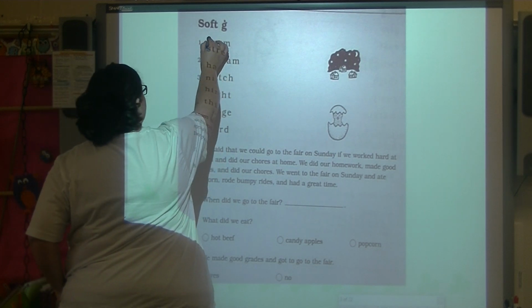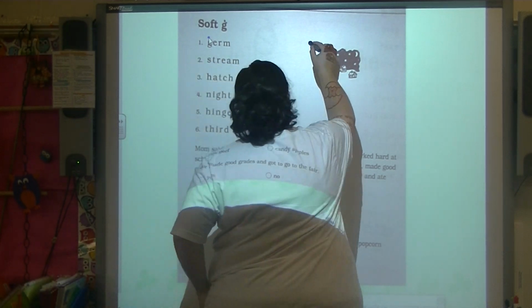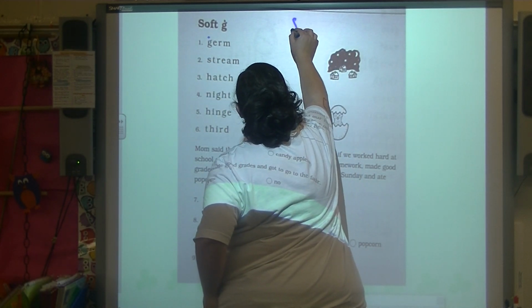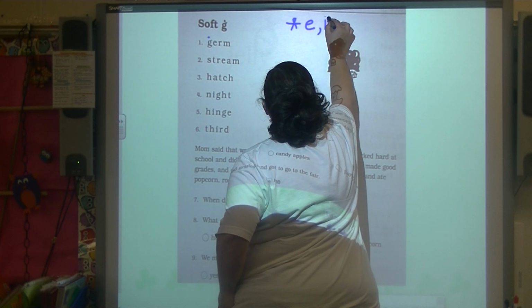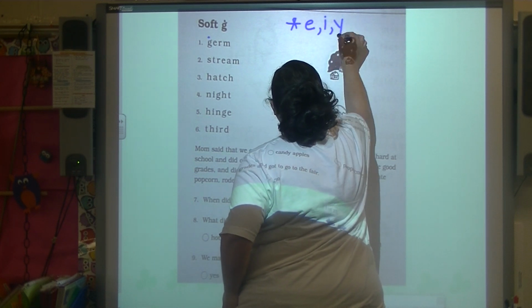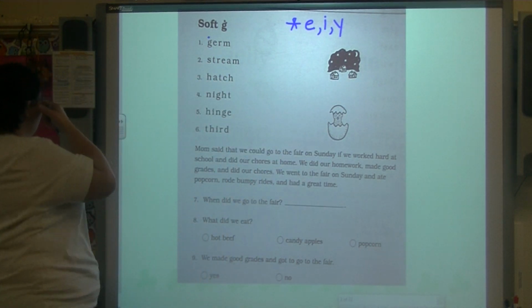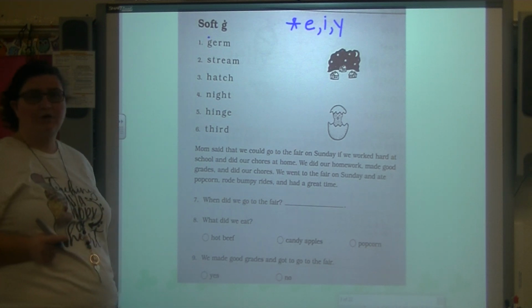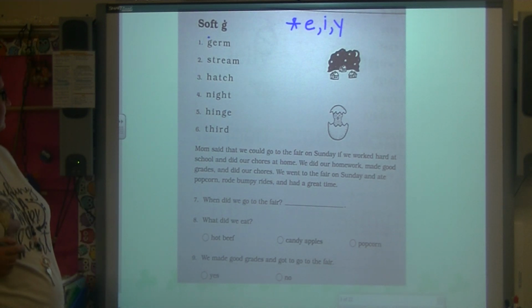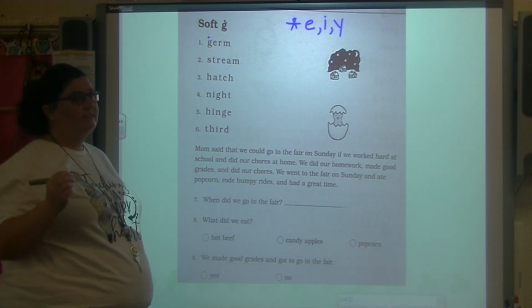So we know it makes the J sound. I'm going to put myself a little message, put an X and then a line through it. E, I, or Y. So I remember which letters will make the J sound for that G. That's just a little note for me. That'll help me remember. All right, what else can I code?